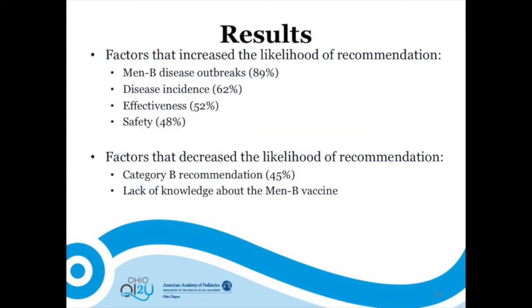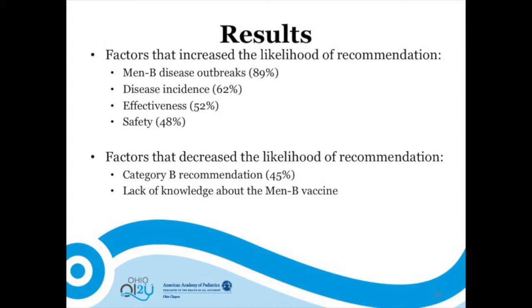Looking at the factors that increase the likelihood of recommendation, for 89%, it was having knowledge of meningococcal B disease outbreaks. 62% reported knowing the disease incidence. 52% said knowing the vaccine was effective, and 48% said it was important to know the vaccine was safe.